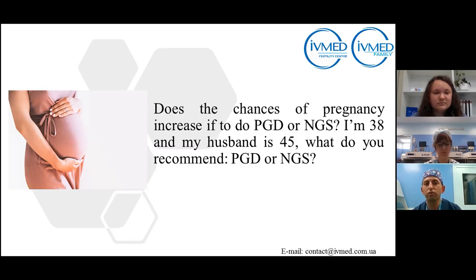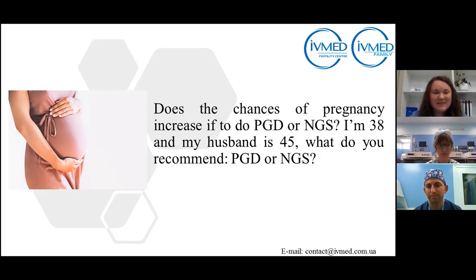But if they are using it only for the purpose of knowing, for example, the sex, or the main chromosomal aneuploidies or anomalies responsible for abortion, for trisomy, then PGD 5 or PGD 9 chromosomes will be totally enough. But again, as my personal perspective, I always prefer NGS technology because it gives us much more information.